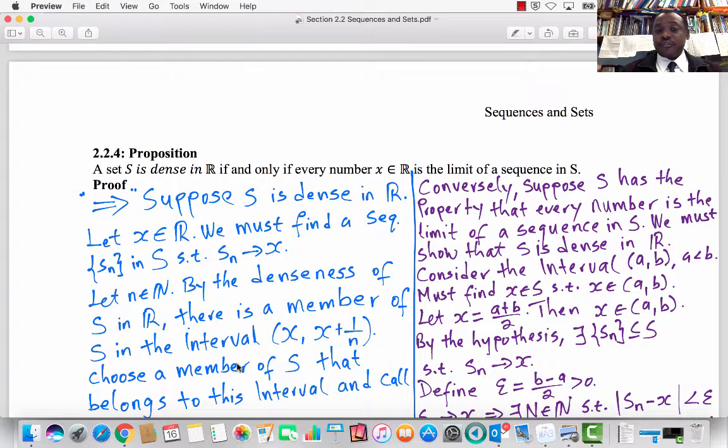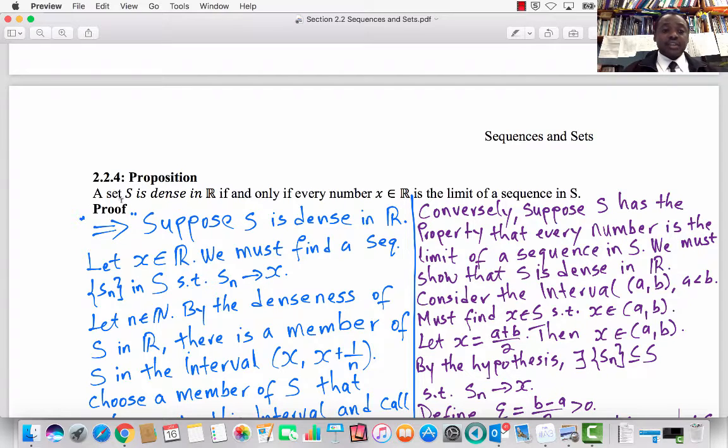Now we are ready for that great characterization of denseness, and that would be Proposition 2.2.4. A subset S of the set of real numbers is dense in R if and only if for every real number x there is a sequence in S that converges to that real number.